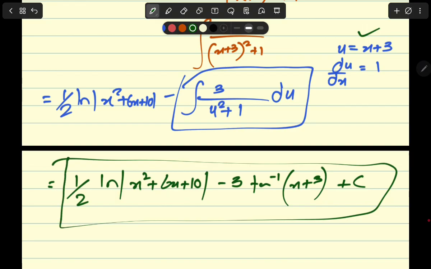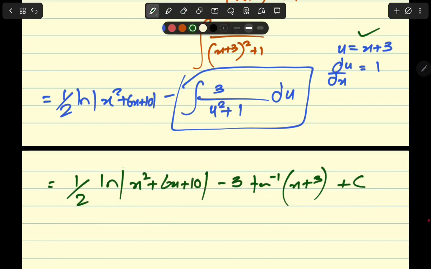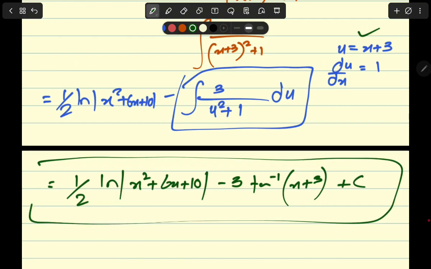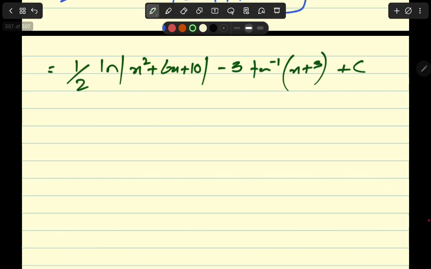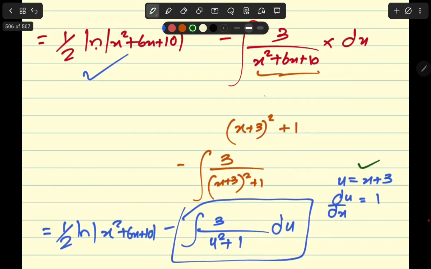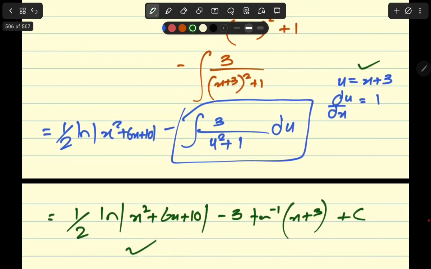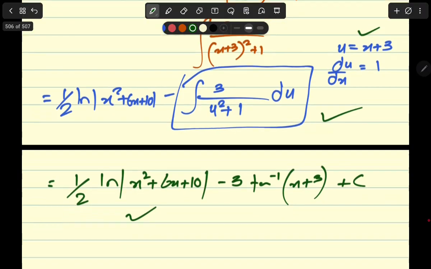Yeah, it may look intimidating because we are covering a lot of topics here, but with a lot of practice, and if you pay attention to what I always say, that you go back to your Cambridge textbook and do all the exercises, you will master this. Now, this question is useful because it combines algebraic rearrangement, logarithmic recognition, completing the square form, and inverse tangent recognition and integration of that, which we are going to do later.